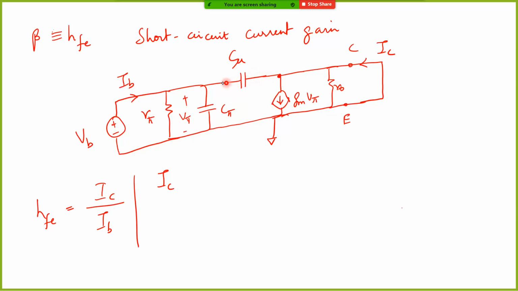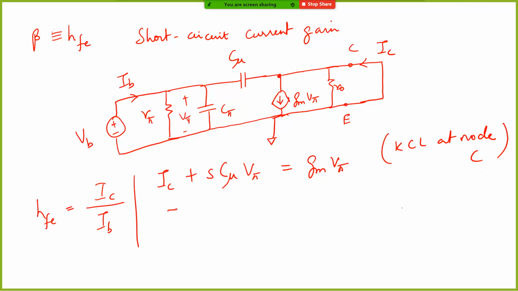The current flowing in through this capacitor is V pi, or VB, times S times C mu. IC is flowing in, and the outflowing current is Gm V pi. So S times C mu times V pi is equal to Gm V pi. Basically, I'm just doing a KCL at node C. So IC can be written as V pi times Gm minus S times C mu.